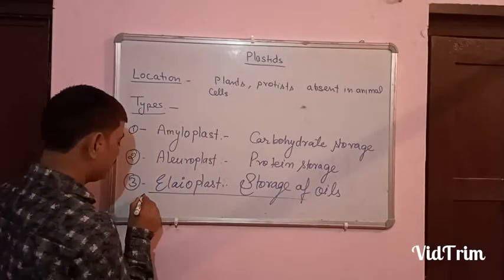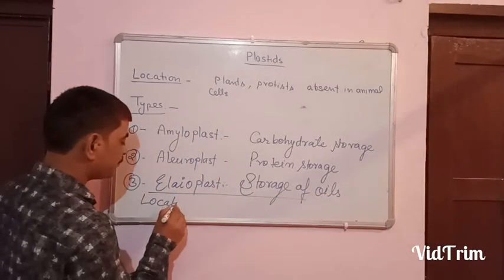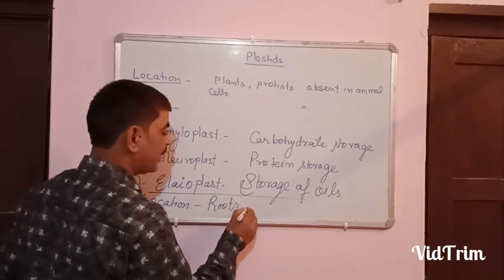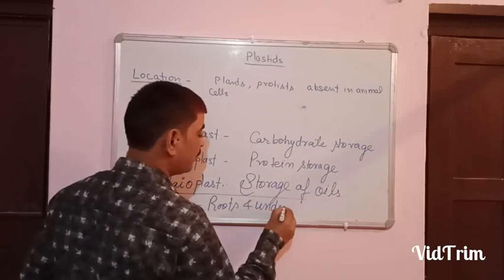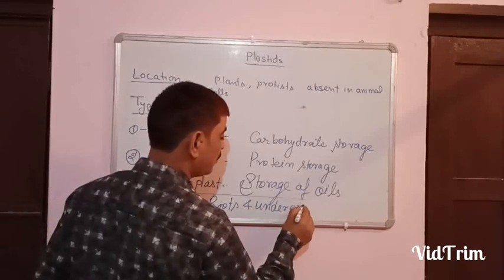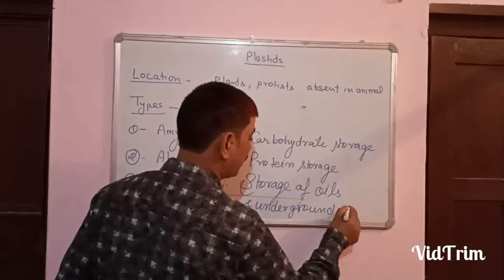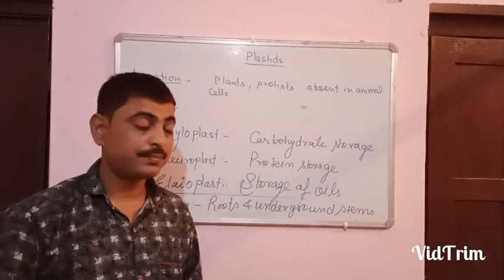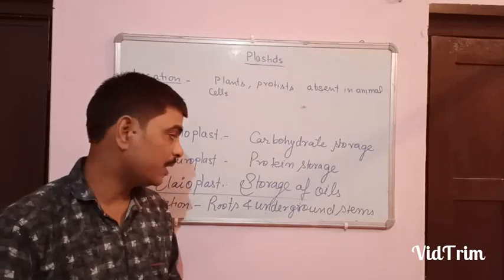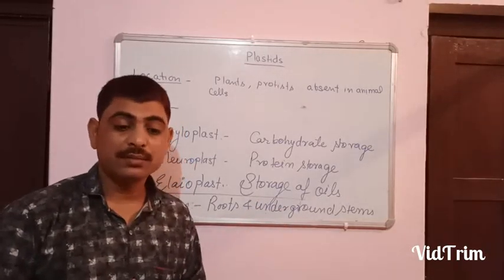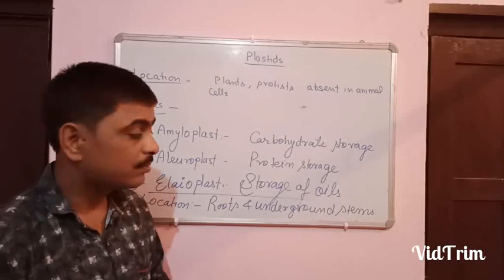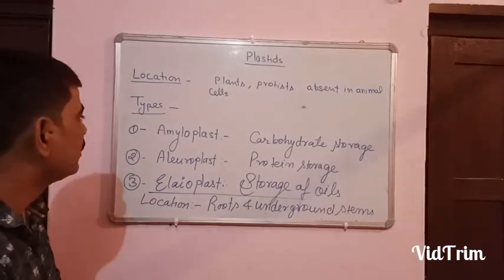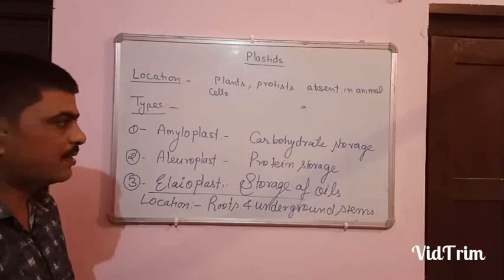So you can say their location is mainly in roots and underground stems. Roots like carrot, radish. Underground stems like turmeric, ginger, potato. So these types of leucoplasts are present in them.